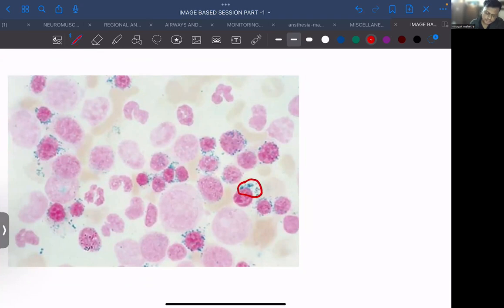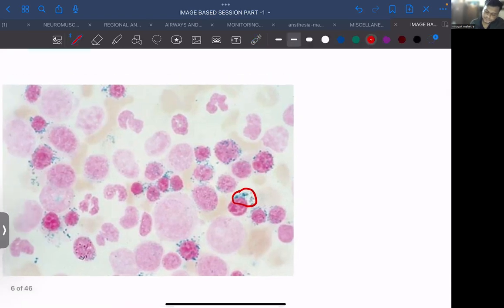Take a look at these blue dots which you are seeing around the RBC. Above that there is a deposition of something. It is called basophilic stippling.